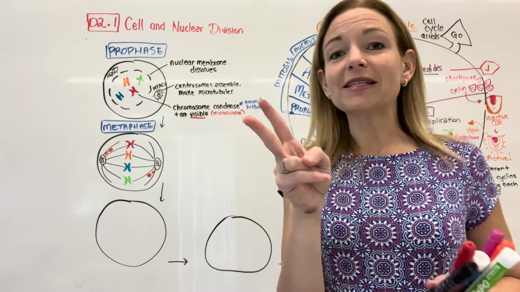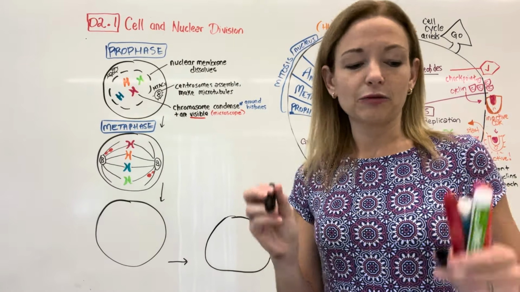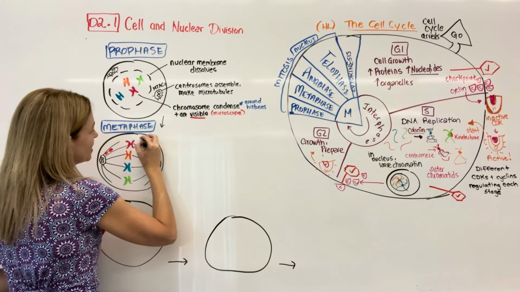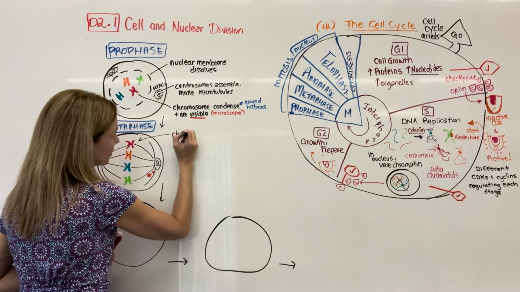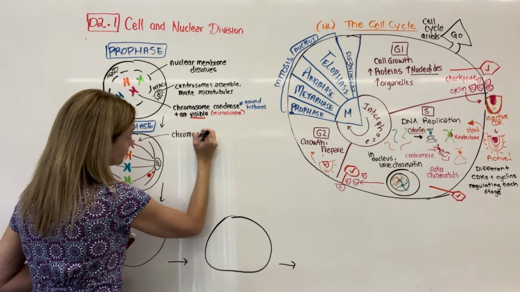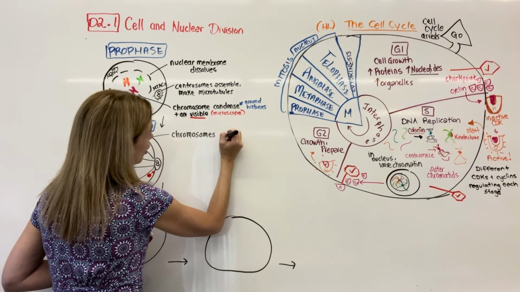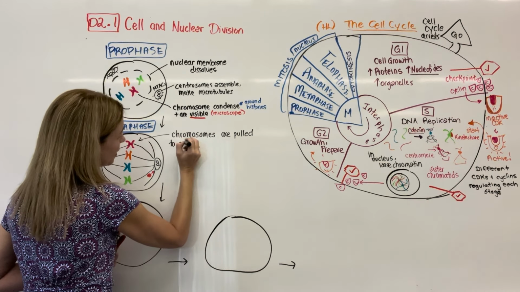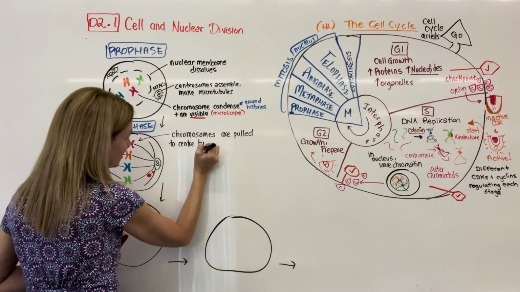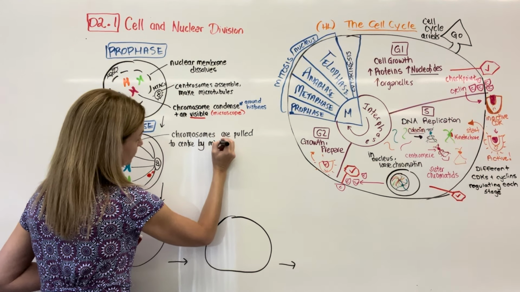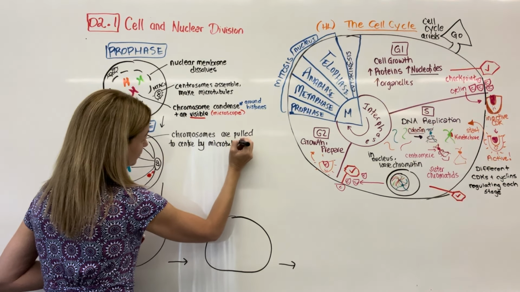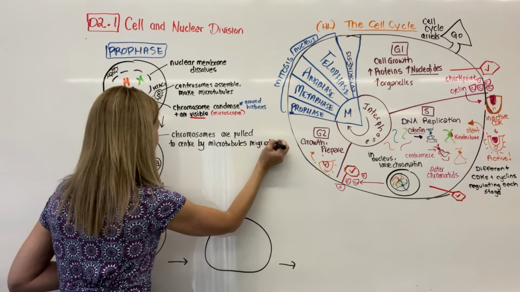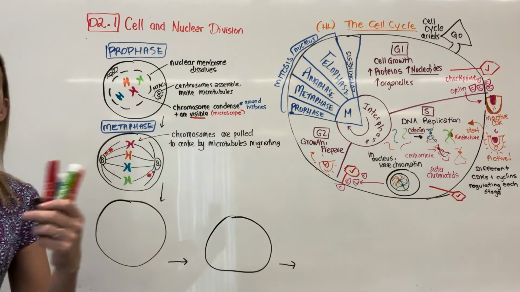Okay, so the two events I want you to know here are kind of one event, but related to the same thing. The chromosomes are pulled to the center, and they're pulled by the microtubules. As the microtubules move out, that ends up aligning them.